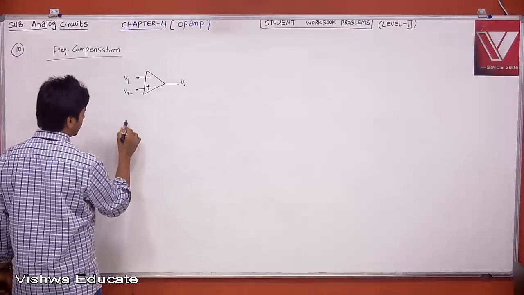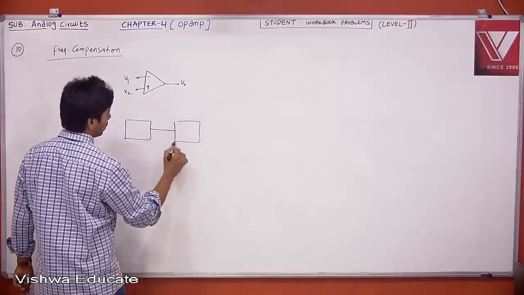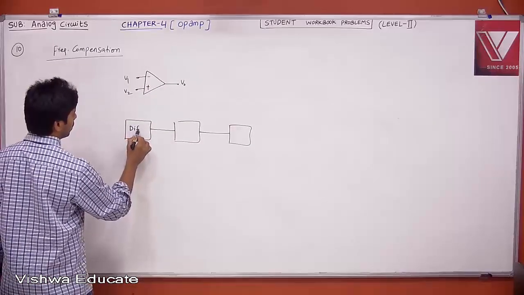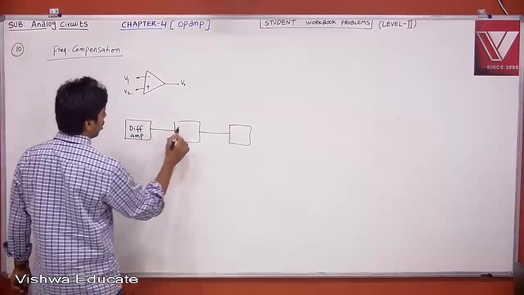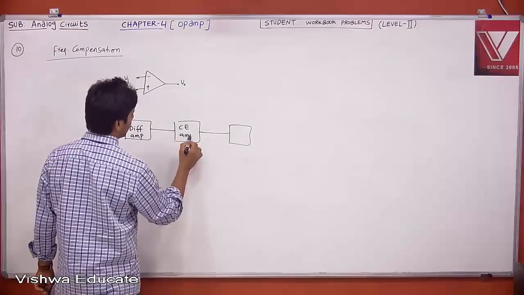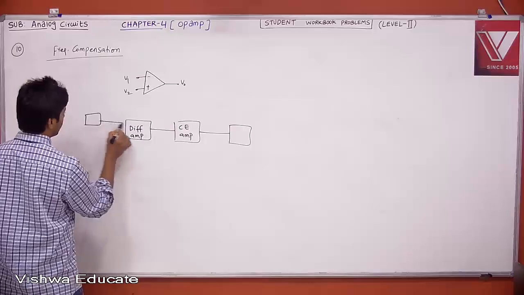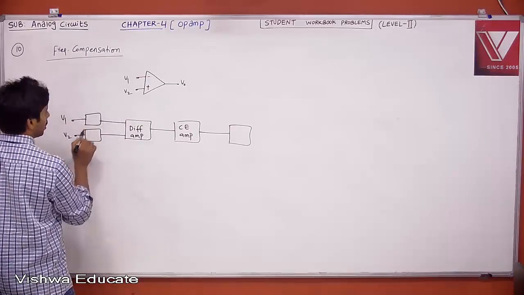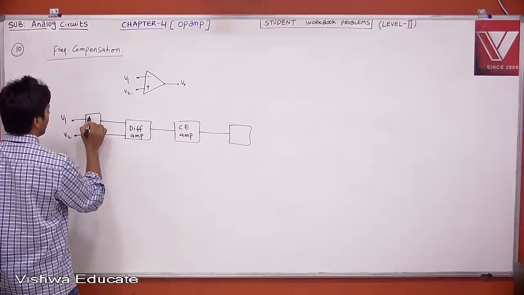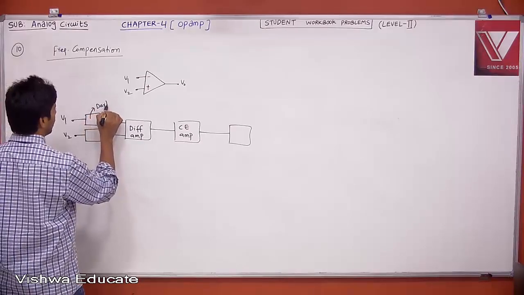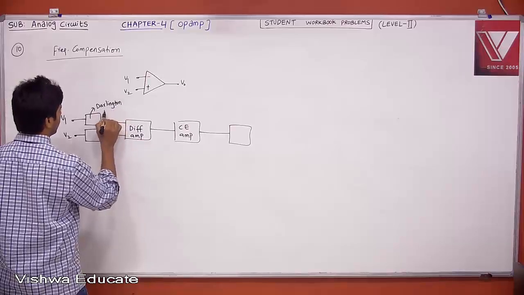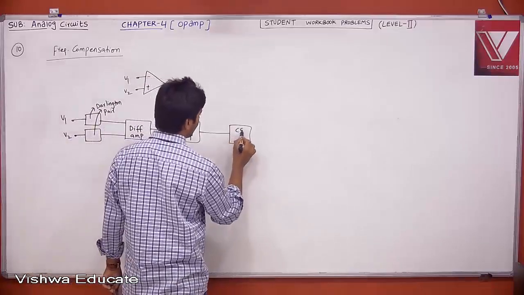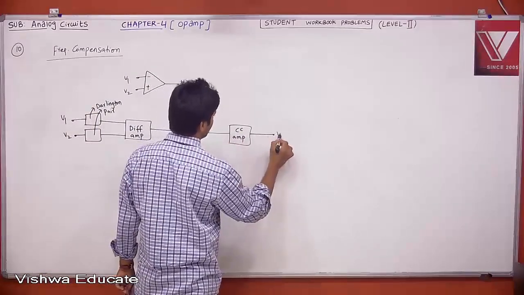Internally it has the first stage, the second stage, and the last stage driver. The first is a differential amplifier, and now this is a common emitter amplifier, a single ended amplifier. Therefore we have a Darlington pair here, and here also. This is CC amplifier basically, or Darlington pair, as well as this also. Then this is again a CC amplifier or buffer amplifier, and this is your V0.